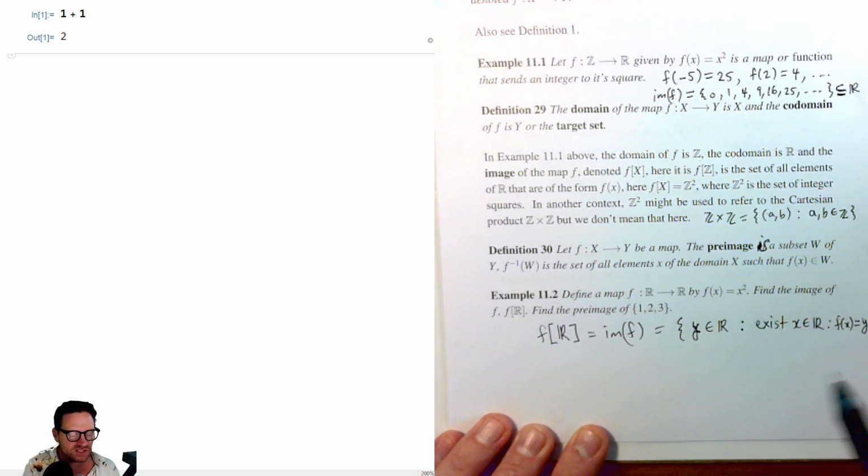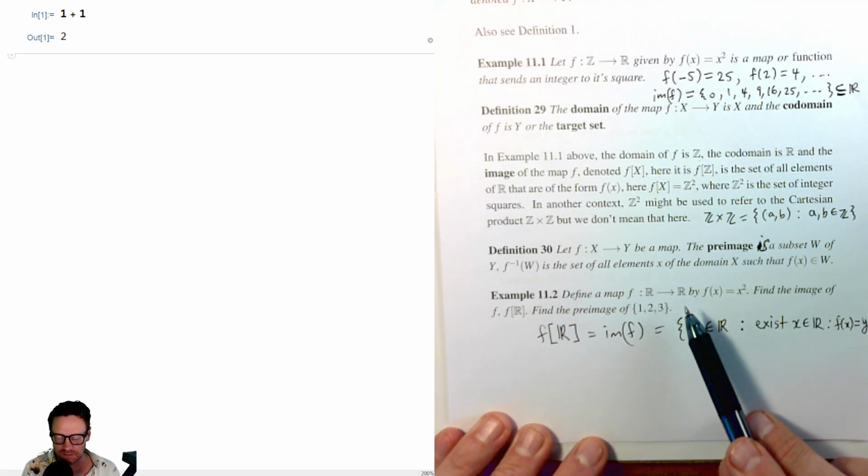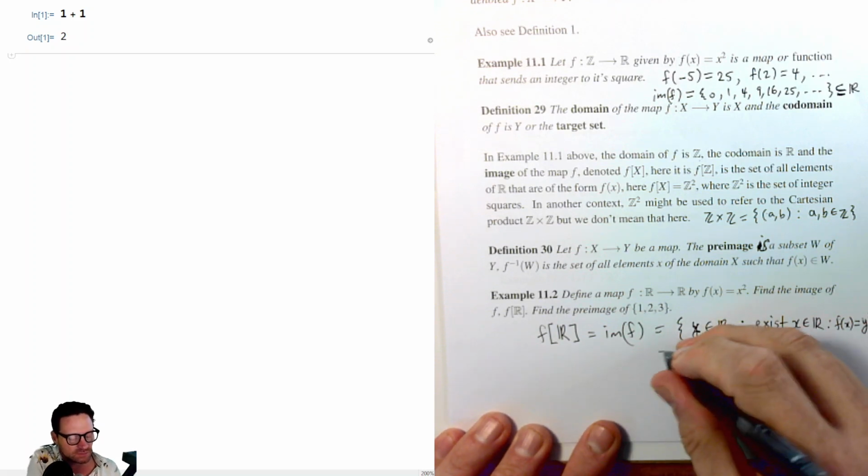So the set of all squares of real numbers, this is all the real numbers that are greater or equal to 0.